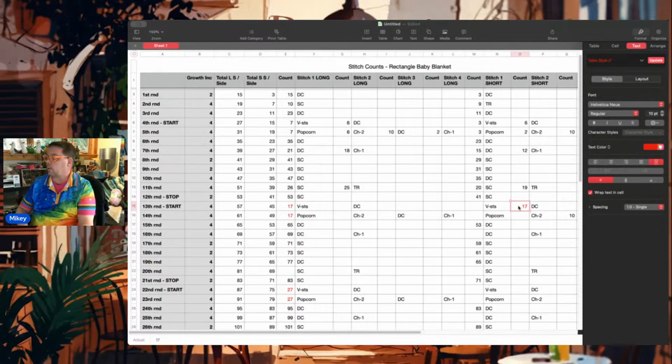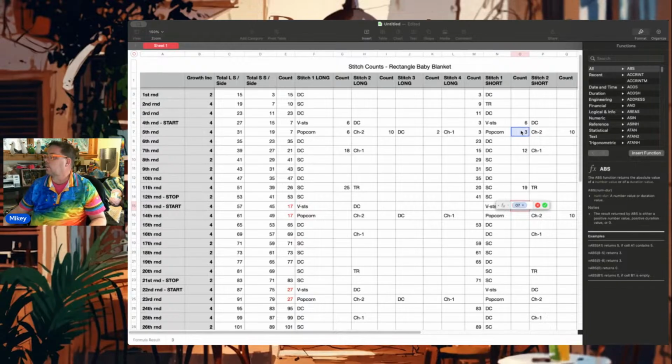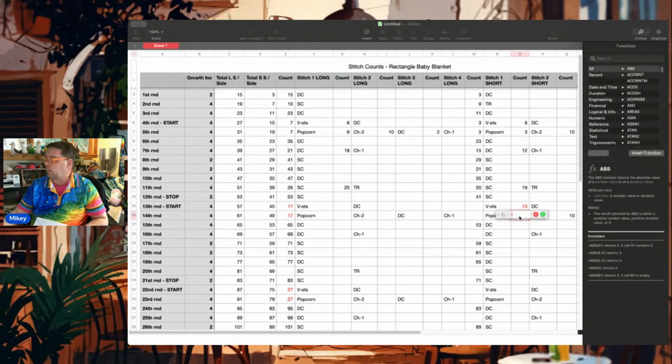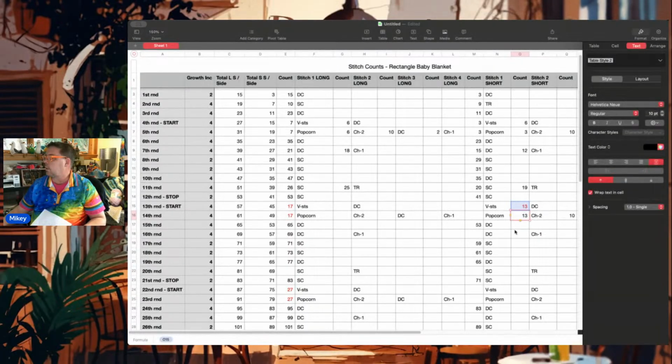So this was also increasing by 10. Three plus 10, 13. And then this one equals the same one as above, so there's 13.